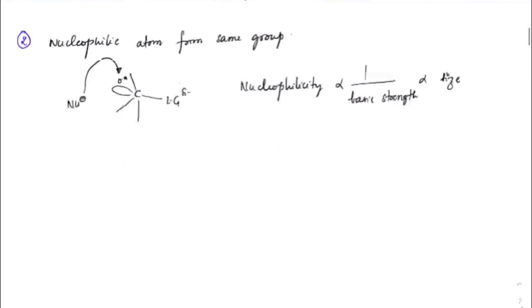One thing you can remember this way: if you talk about the HOMO orbitals, sigma non-bonded orbitals, we can say that a sigma non-bonded orbital coming from 2p will have less energy compared to one coming from 3p. These are all non-bonded electrons, which is lone pair electrons coming from 4p and so on. If you just recall, we discussed that HOMO should have highest energy and LUMO should have the lowest energy.